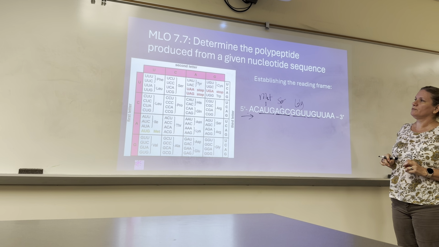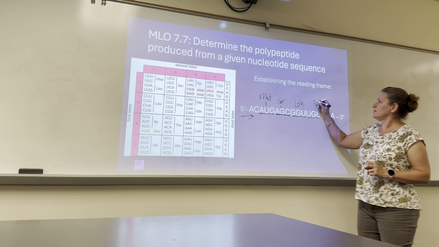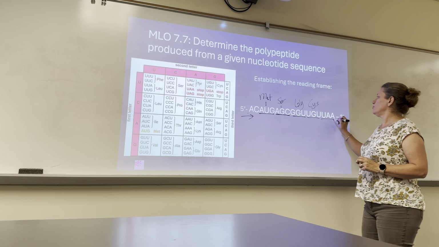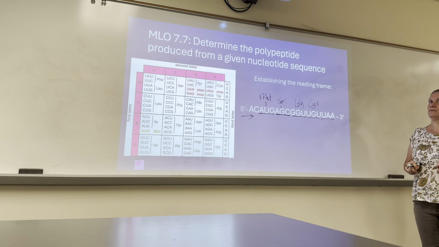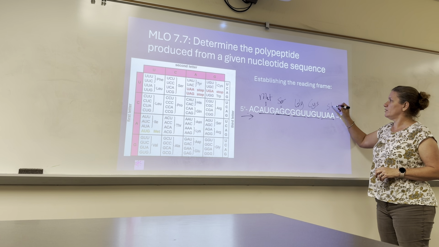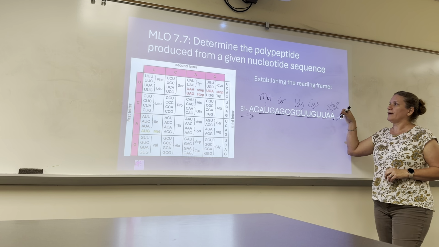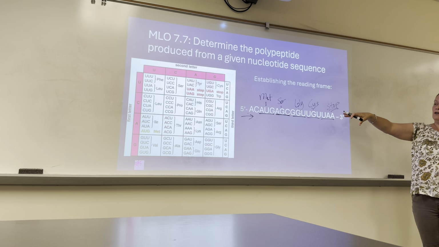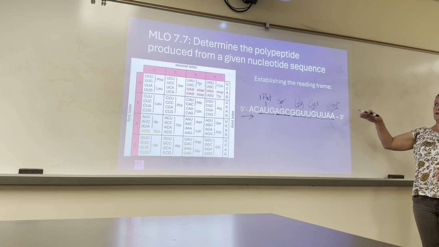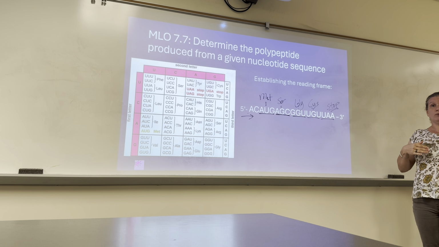UGU. Cysteine. UAA. Stop. So this is not an amino acid. If a ribosome were to read this, that's how the reading frame would be set up.